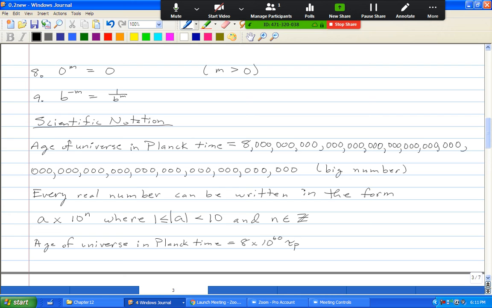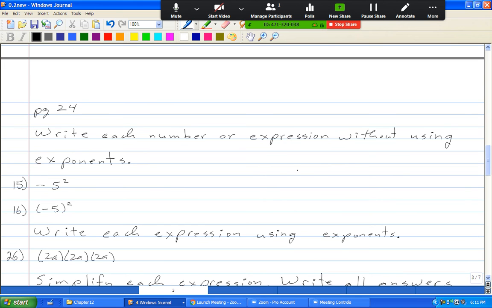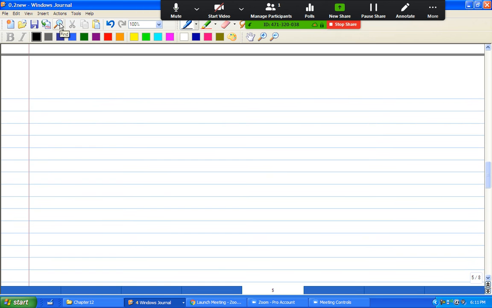So let's do some examples. On page 24, let me give it a little bit more space here.